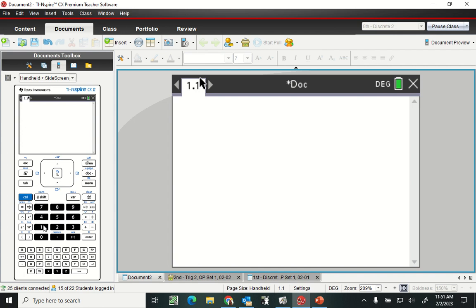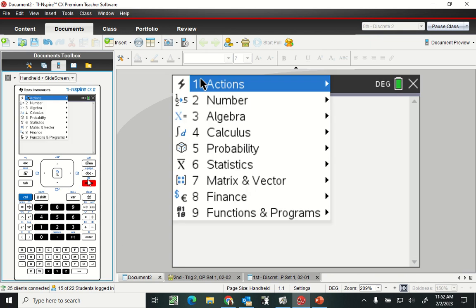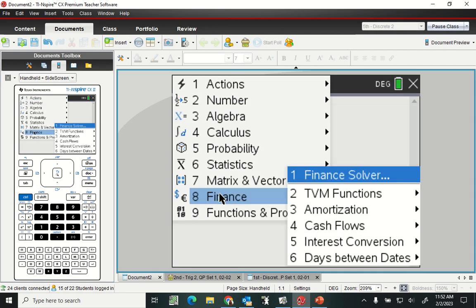So now, go to new document. Menu. What do you think we're going to use here in menu? Calculator. Find Finance. We're doing a whole unit on finance, so let's go to Finance. And what is the title of my lesson today? Finance Solver.